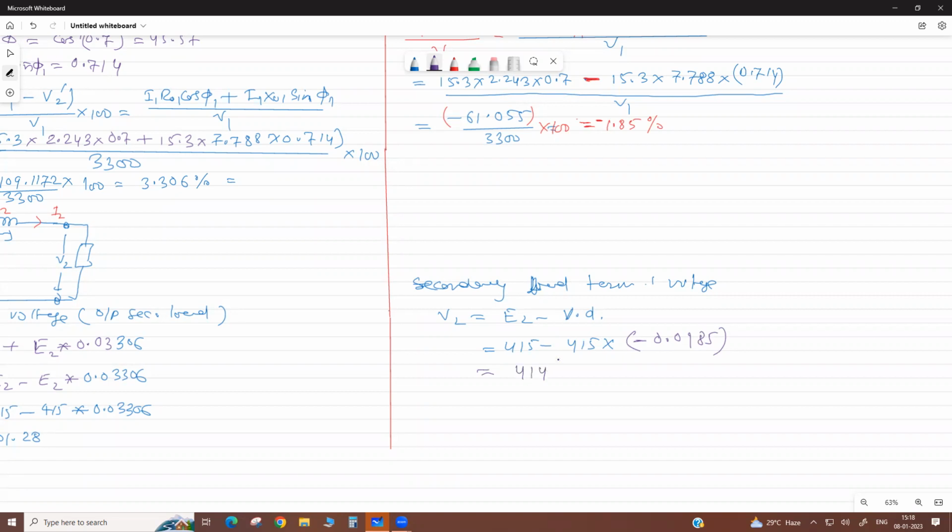This 415, negative will become plus. 415 into 0.0185. Okay, so it is plus 185 plus 415.